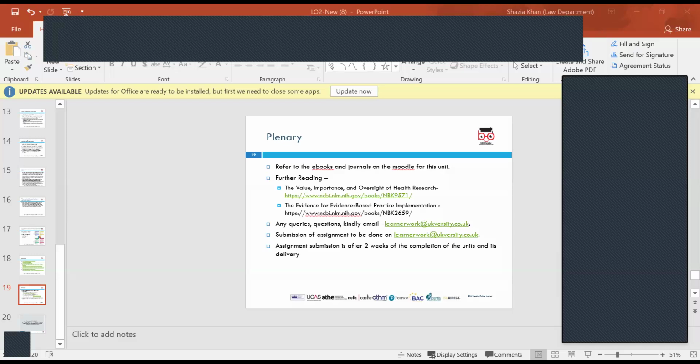So, a summary of what we've done in today's session. We've looked at evidence-based learning, and how research is so important within health and social care. We looked at the potential impact of research, and how we get involved in evidence-based learning. We looked at ethical issues, which are really important in any sort of research, and at developing a timeline for research and why it's important.